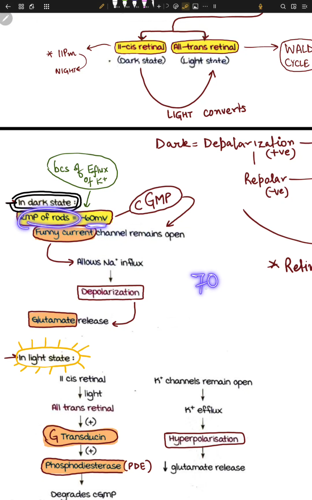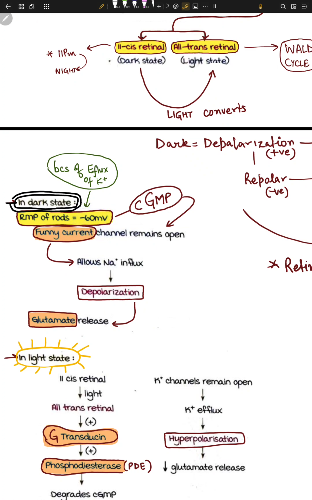Normally it's minus 70. And how it stays at minus 60 is that there is a continuous efflux of potassium out of the cell. Potassium is positively charged, and you will end up with minus 60 millivolts.